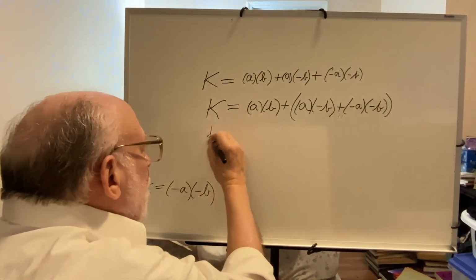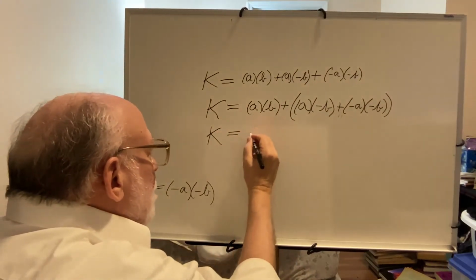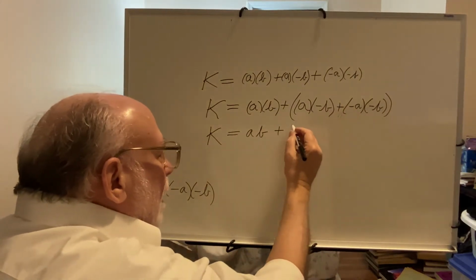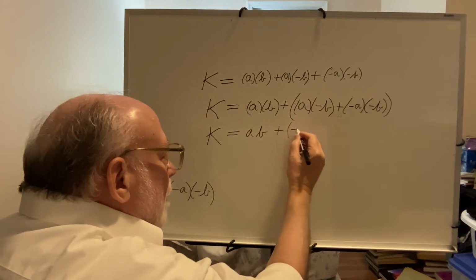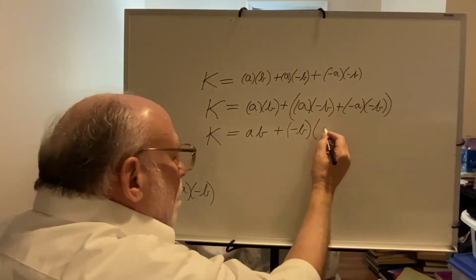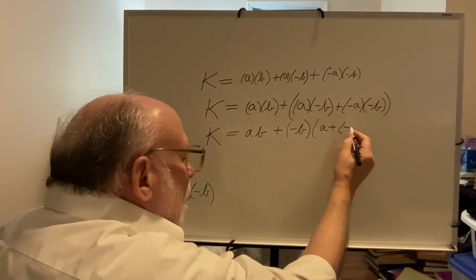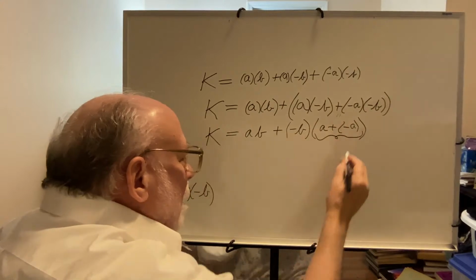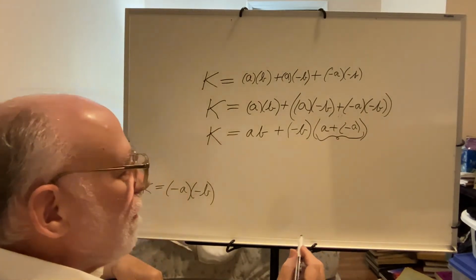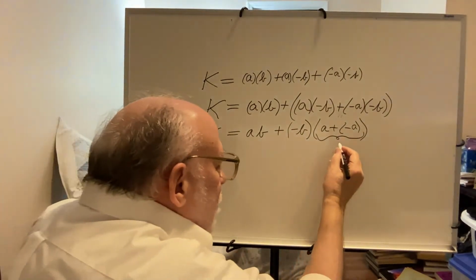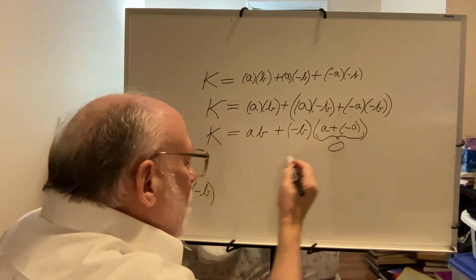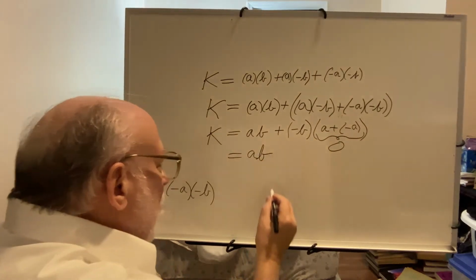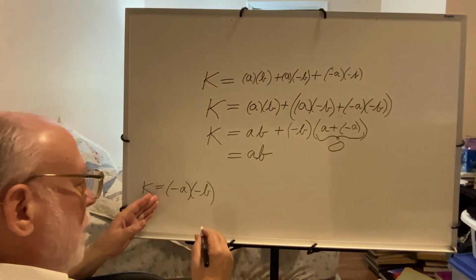So over here we have that K, this is going to be A times B. We're going to factor out the common factor, which is negative B. Now we have A plus negative A. Now A plus negative A, this is the additive inverse of A, is negative A. Gives you zero. Negative B times 0 is 0. So this is going to be AB. So K is also AB.